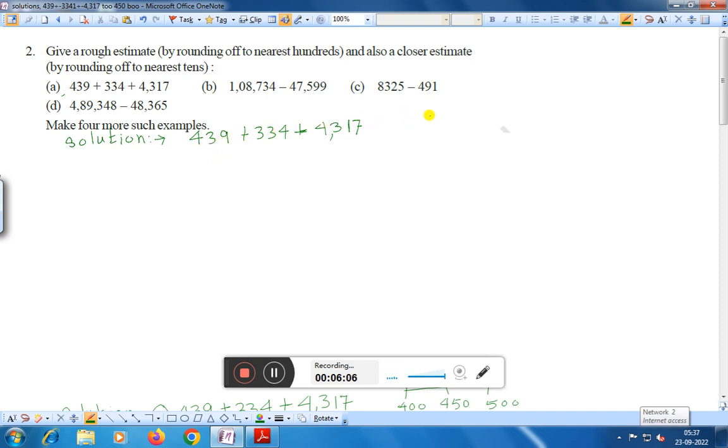The 39 lies between 30 and 40, and the number is 39, therefore it will be rounded up to 40, therefore it will be 440 plus 334, that means this also lies between 30 and 40, but it is nearest to 30, therefore it will be 330.